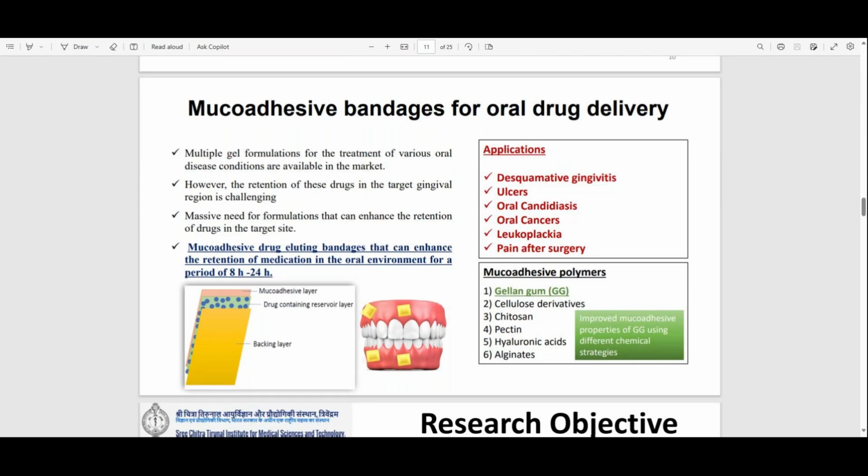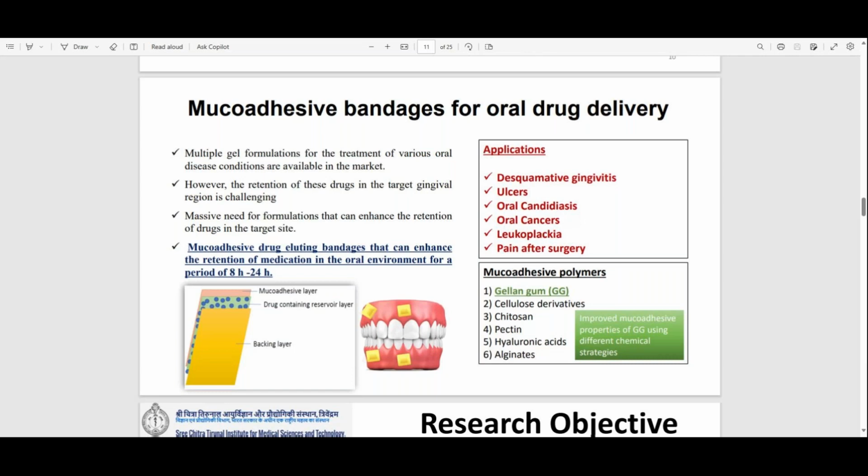If we have a patch that can hold the drug and release it for a period of time, that will be very useful, and it can be applicable for many localized oral disease conditions like desquamative gingivitis, oral ulcers, oral candidiasis, oral cancers, leukoplakia, pain after surgical perforations, etc.